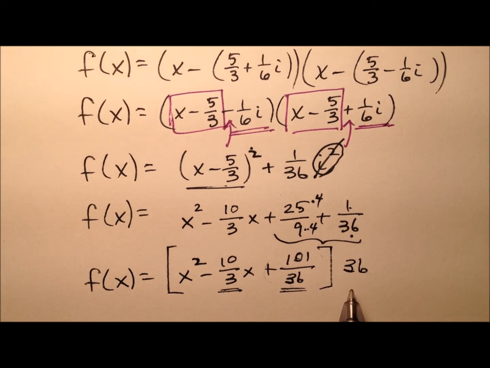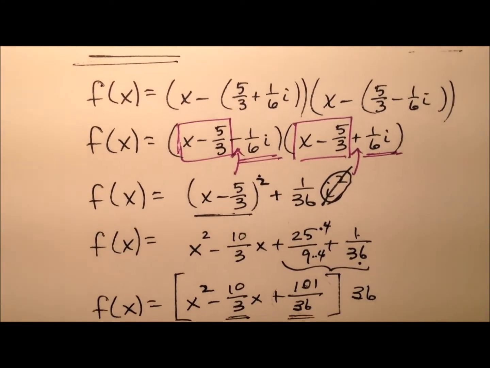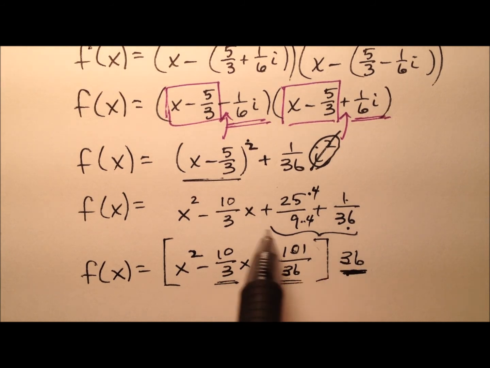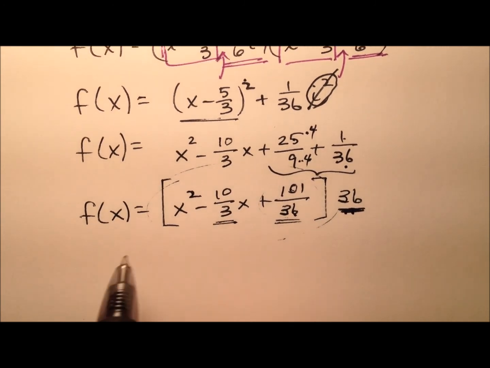Remember, the only goal of this problem is to write a quadratic function with these roots. So I can actually run through and multiply by a constant, it's called scalar multiplication also. I can scale this quadratic function by multiplying by a whole number, and it won't change any of its roots, but it will help get rid of these fractions and make it look a little nicer.